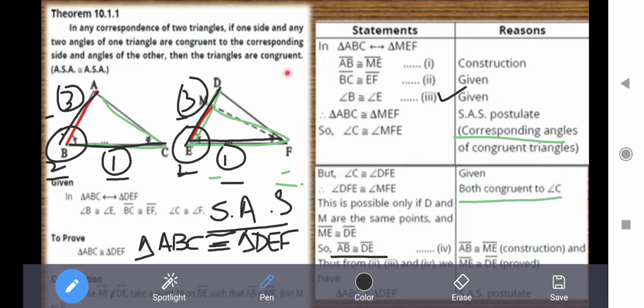So you can see the side angle side postulate helped us in proving triangle ABC is congruent to triangle DEF. So this is the proof of the theorem 10.1.1. If you still have any query, you can ask me in the comment box. Thank you, boys.